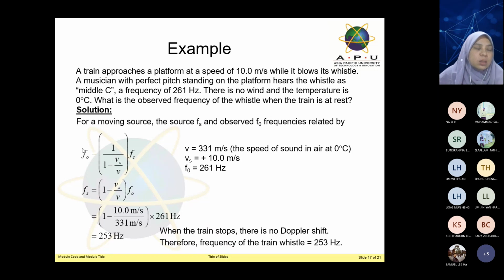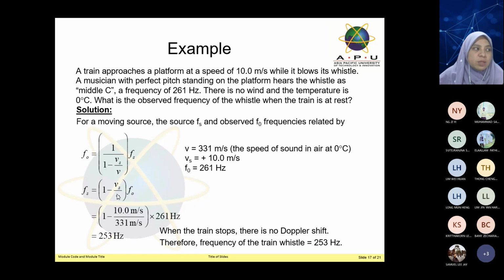After that, substitute into this formula. They ask you, what is the observed frequency? Fs. Okay, the original formula is like this. Then you want the Fs only. So this multiply with this, right? Cross multiply. This one brings left.